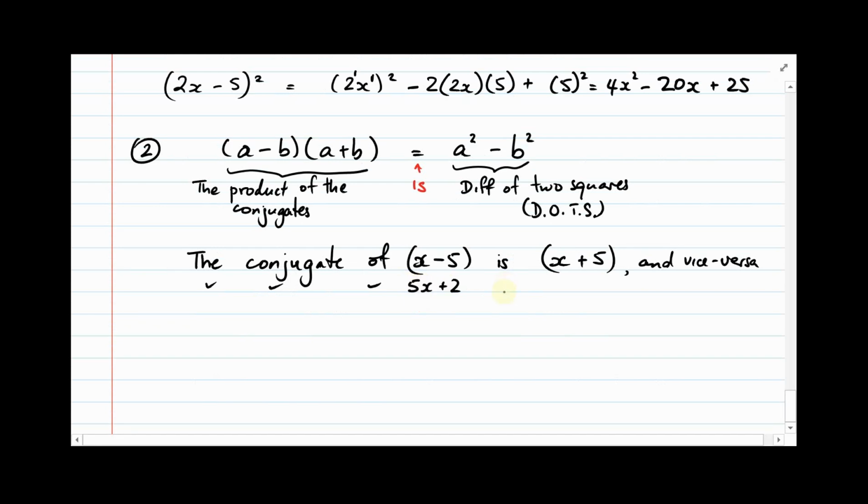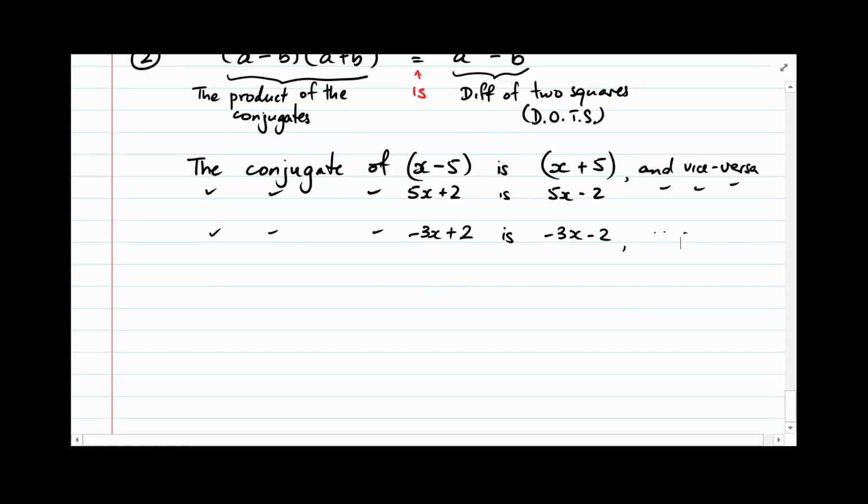Its conjugate is 5x minus 2, and so on. If I should change things and write negative 3x plus 2, if I don't want to rewrite the order or anything, then its conjugate is minus 3x minus 2. Okay? All right. So we have a bit of review there.